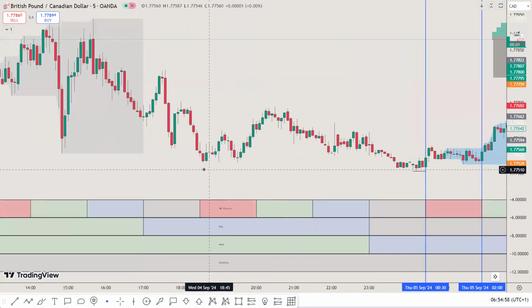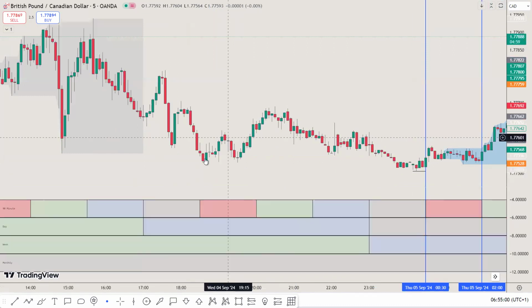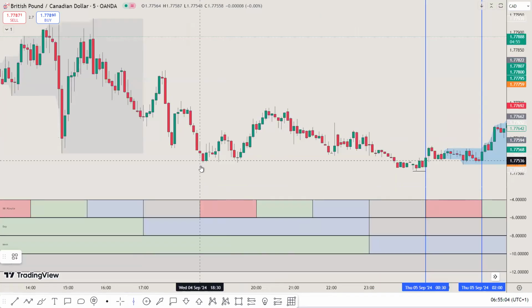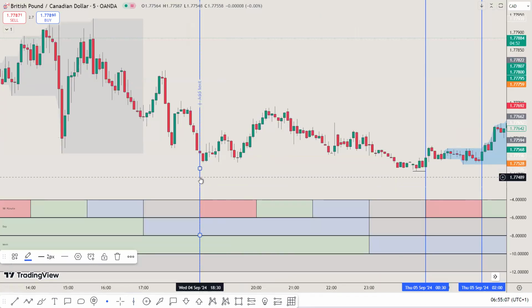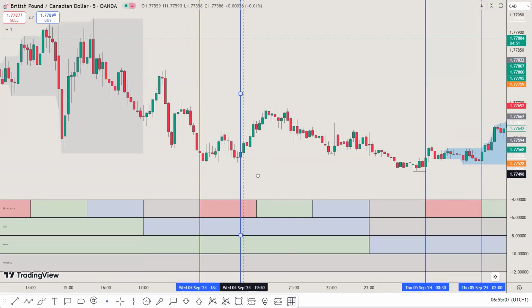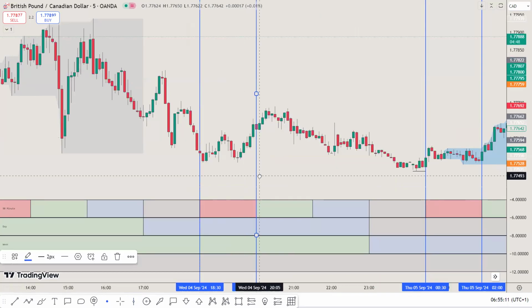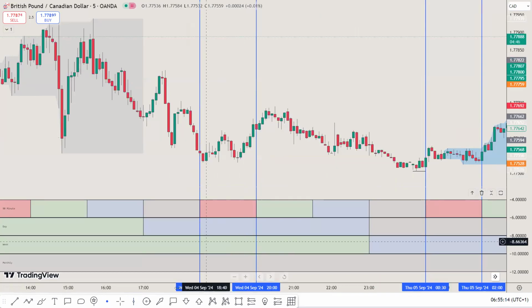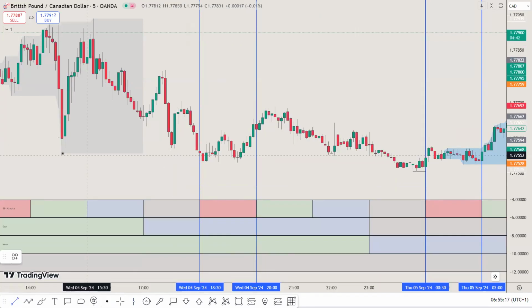I think we have one here. So let's just use this as the last one. This was around 6:30 in the evening to 8 p.m. So what do we have? We have this low being taken.